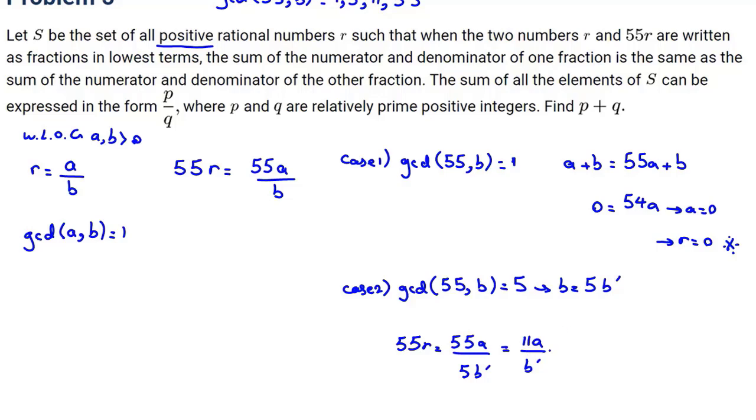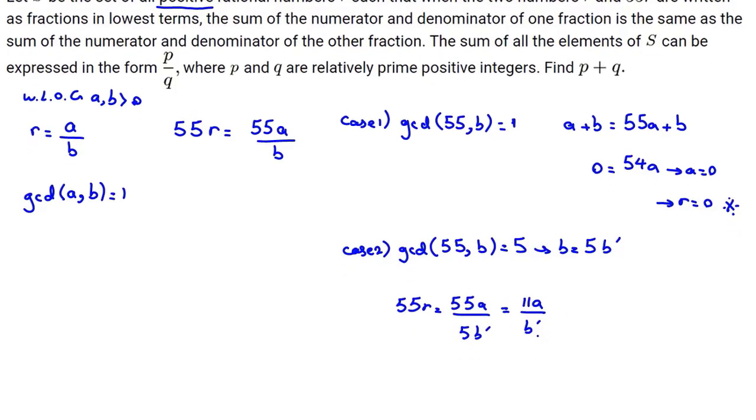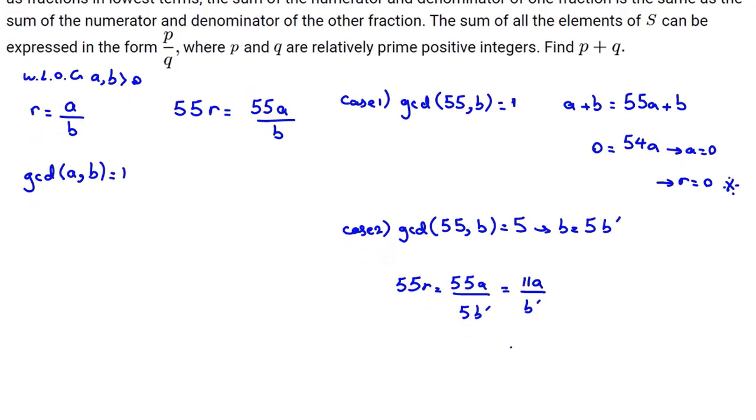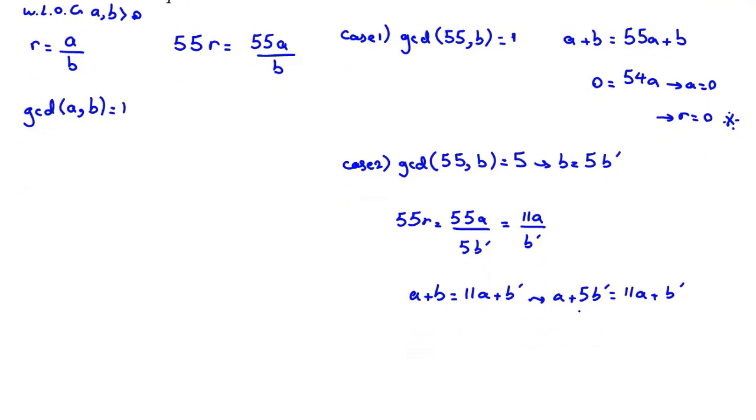So now it is in lowest terms, and B prime and A are relatively prime because B and A are relatively prime. So for R, it is A plus B. For 55R, it is 11A plus B prime. B was 5B prime. So A plus 5B prime equals 11A plus B prime. Now if we simplify, 5B prime minus B prime is 4B prime, 11A minus A is 10A. If we divide by 2, 2B prime equals 5A.